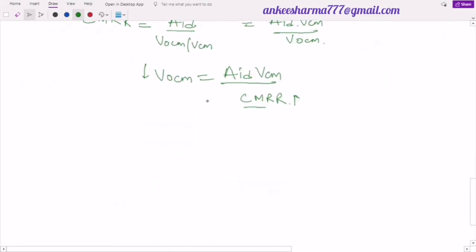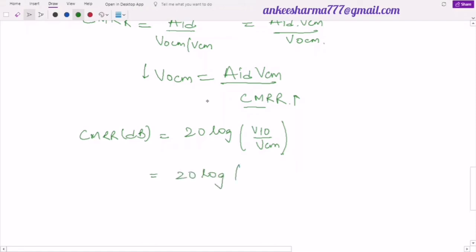So I will get the value of CMRR in dB as 20 log of VIO by VCM. Or in the other way, it is also equal to 20 log of AID upon ACM.